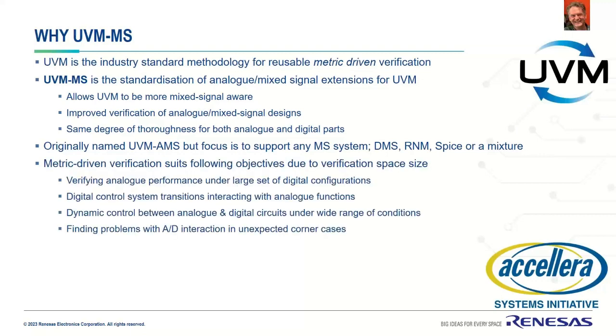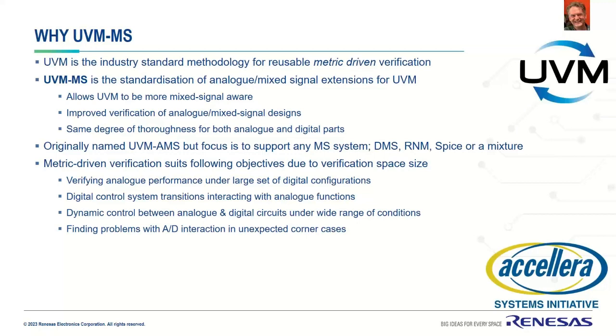So as Peter said, the committee was originally called UVM-AMS, but the focus is actually any mixed signal system such as DMS, real number modeling, SPICE, or a mixture of any of those abstractions. So that's why I think rightly it's UVM-AMS.